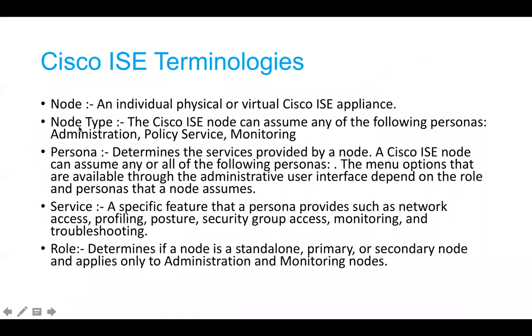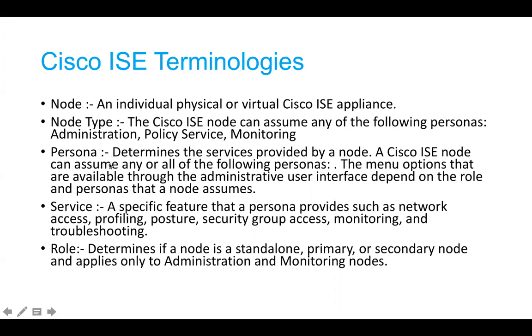Then we have node type. The Cisco ICE node can assume any of the following personas, like what are the types of nodes? Administration, policy service, or monitoring. Then we have personas. What is persona? It determines the services provided by the node.